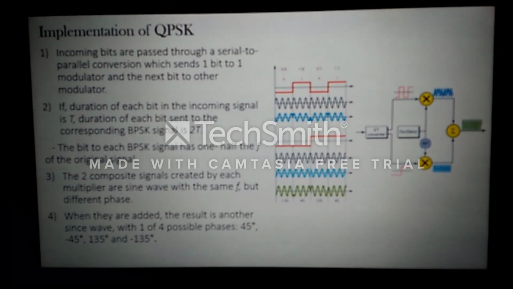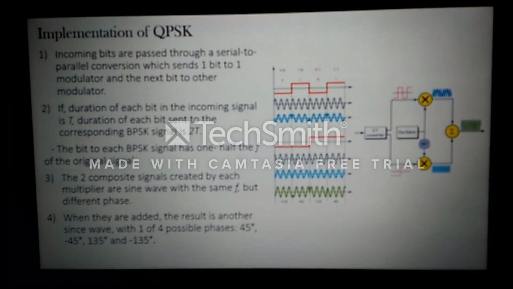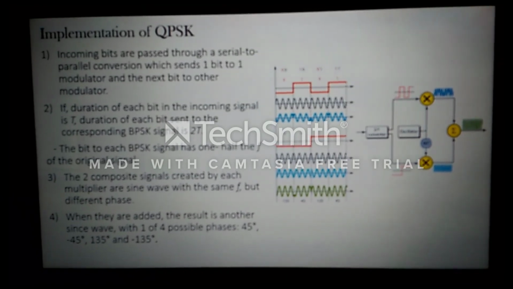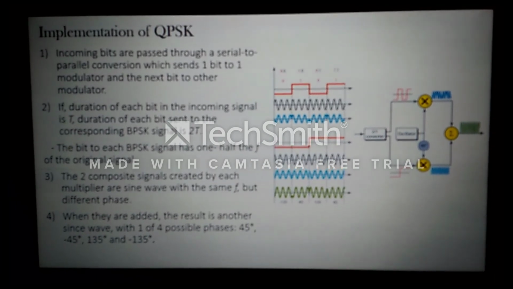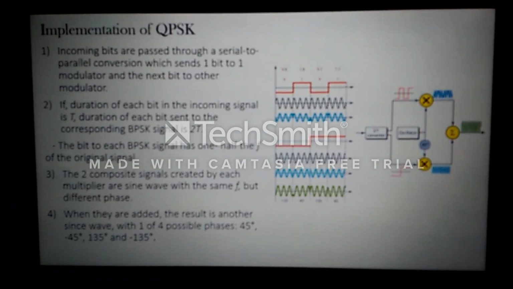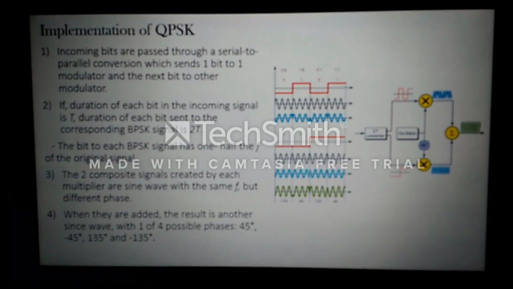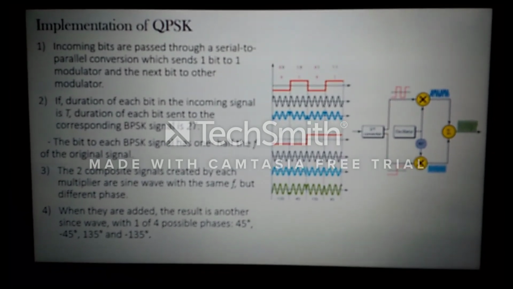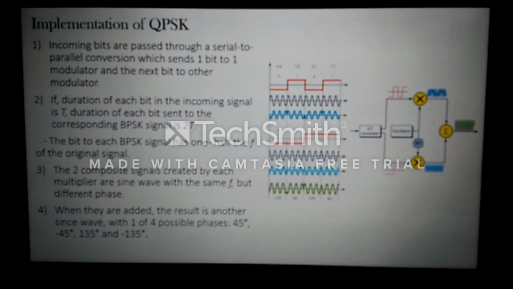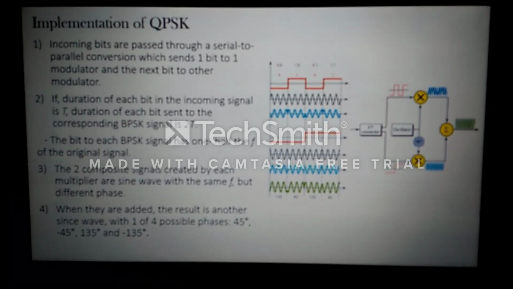The two composite signals created by each multiplier are sine waves with the same frequency but different phase. When they are added, the result is another sine wave with one of four possible phases, which are 45 degrees, minus 45 degrees, 135 degrees, and minus 135 degrees.